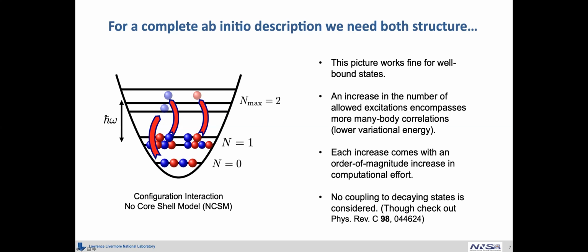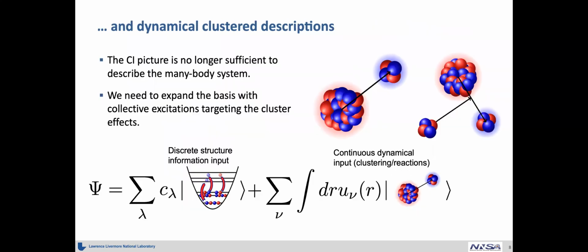This is a very good approximation for most bound states, as long as they are well bound at least. So for example, if we have an alpha particle as the target nucleus, this would be a very good approximation of the ground state wave function of the alpha particle. However, we're doing reactions.